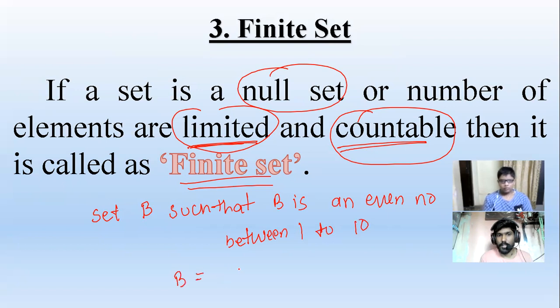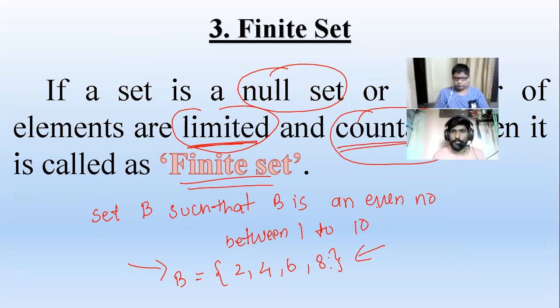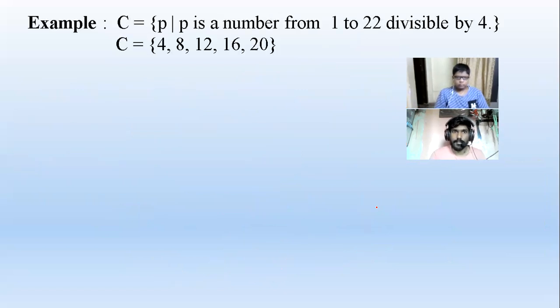So what will be all in B? 2, 4, 6, 8, and 10. Okay, I'm saying between 1 and 10. Between. Okay, so wait. Only between. So this had only limited elements in it. So this is a finite set. Okay, this was an example of a finite set.